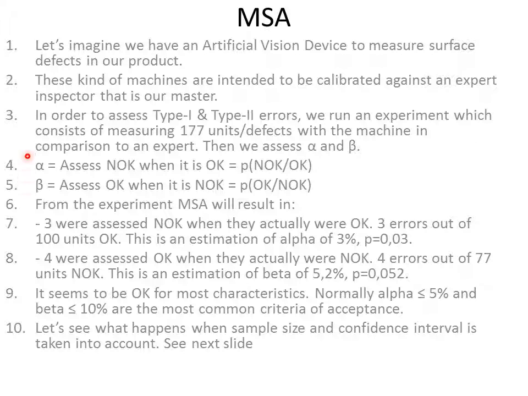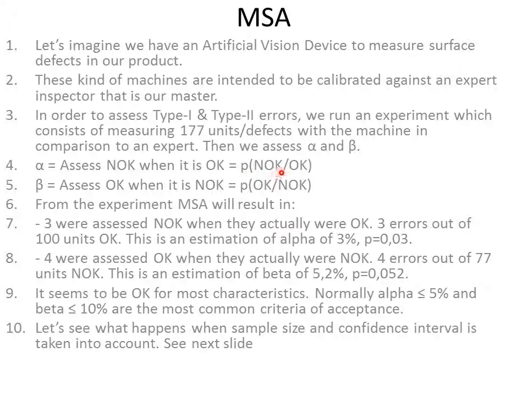Alpha and beta mean the following. Alpha, as we have already mentioned, is our type 1 error. So it is the proportion of not-OK parts when the expert has said OK part.